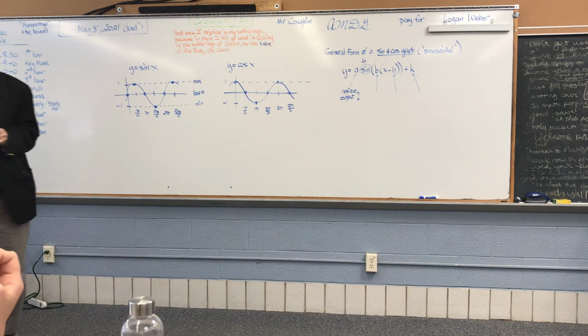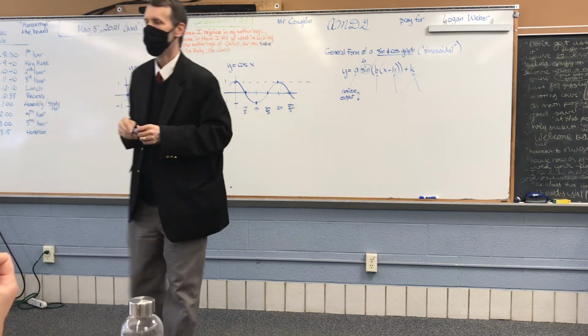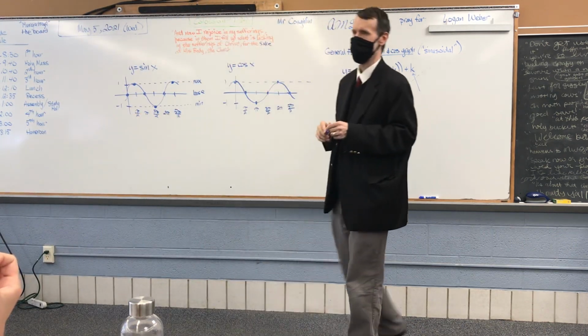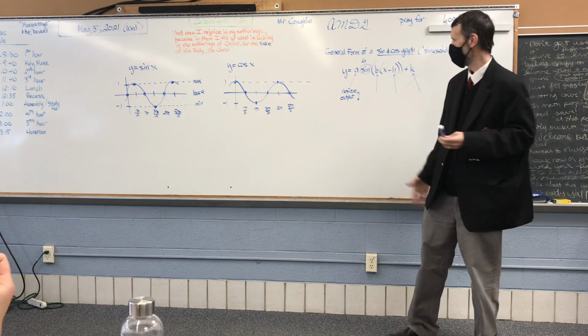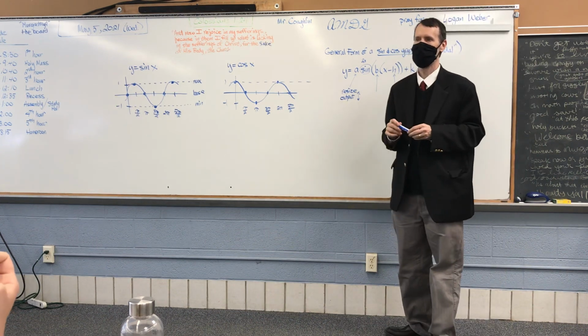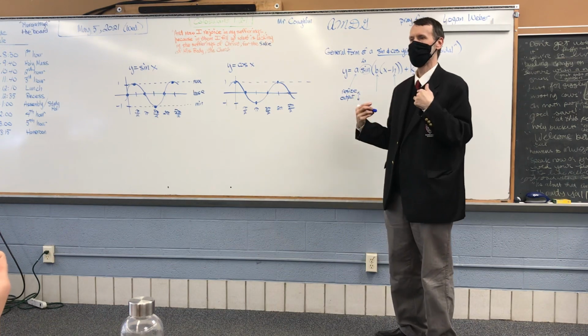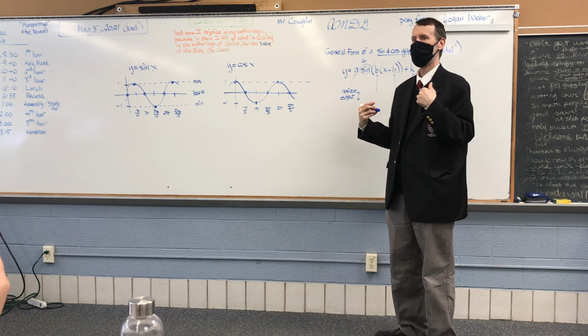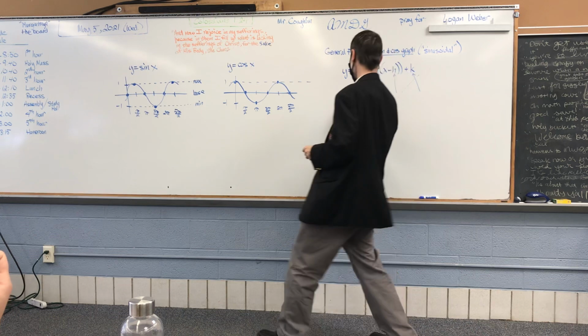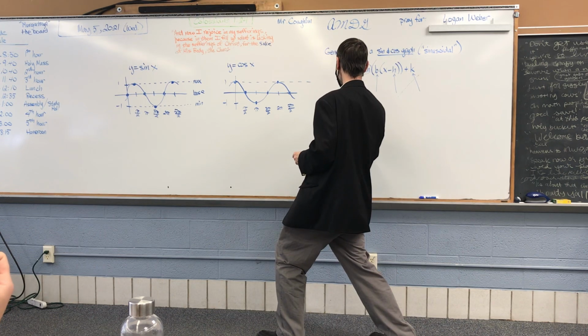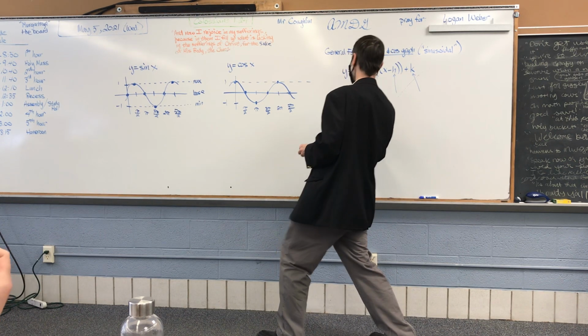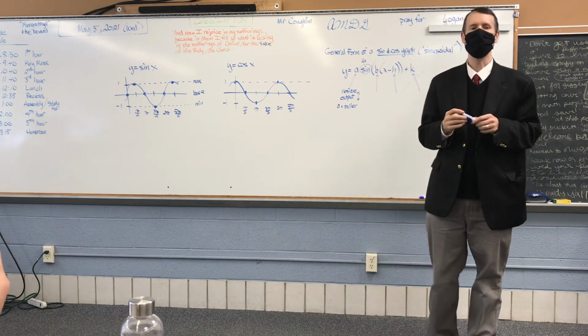Bigger. So is this going to make it taller, or is this going to make it shorter? Taller, correct. So it's going to be A times taller. A is the height multiplier.